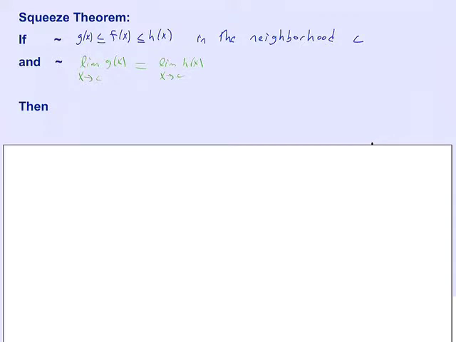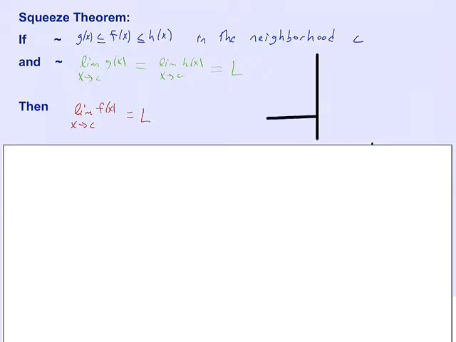Actually, I'll say that the limit of g of x as x approaches C equals the limit of h of x as x approaches C, and we'll just give that limit some name. So the limit of f of x as x approaches C also equals that same thing. It's sort of a silly rule.